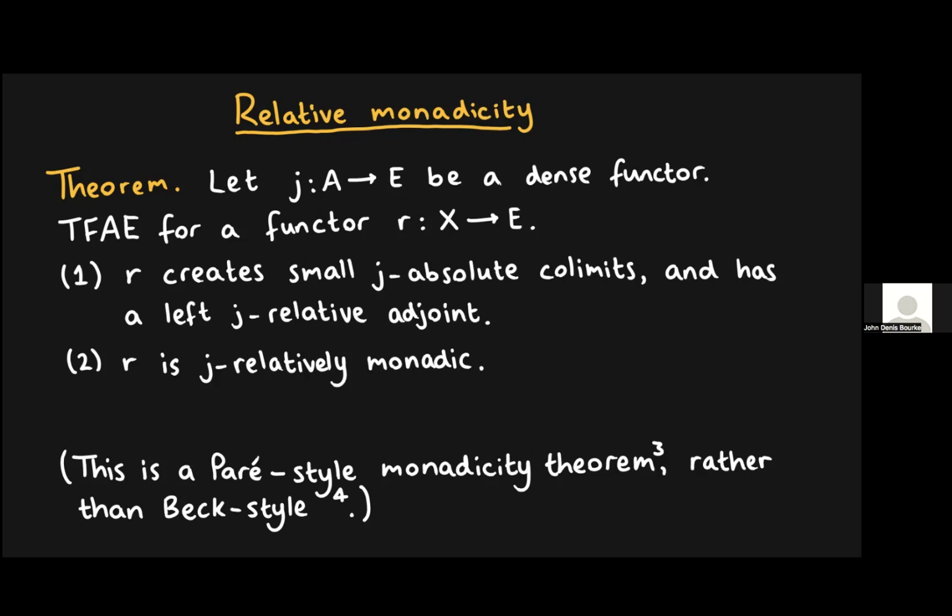Now, one thing you may notice is this doesn't look exactly like the classical Beck monadicity theorem, where we ask instead for creation of U split coequalizers, or in this case R split coequalizers. That's because this is really a Paré style monadicity theorem, where we're interested in absolute colimits rather than U split coequalizers. But they turn out to be the same, and for relative monads, the Paré style theorem is more appropriate.